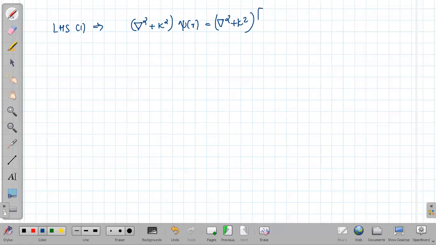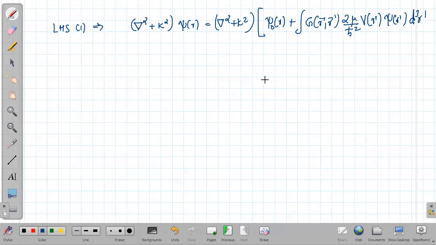The psi of r is psi 0 of r plus the integral of g of r, r prime, 2 mu by h bar square v of r prime psi of r prime d cube r prime.